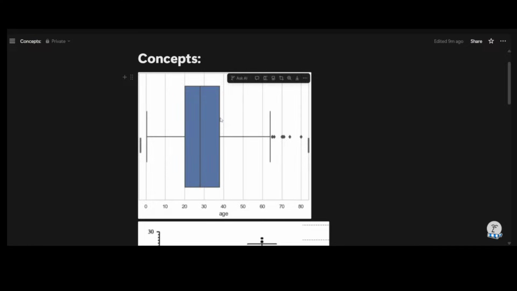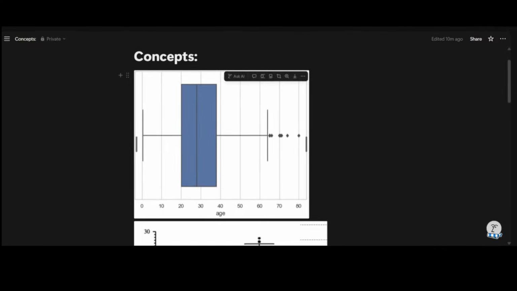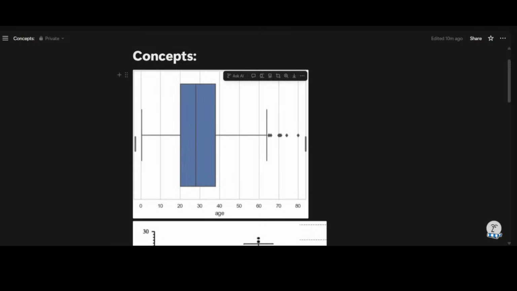So first we'll start off with the box plot. I hope it is visible.